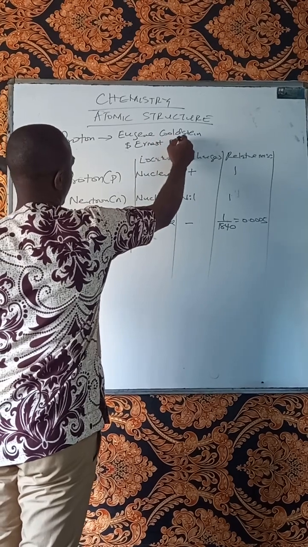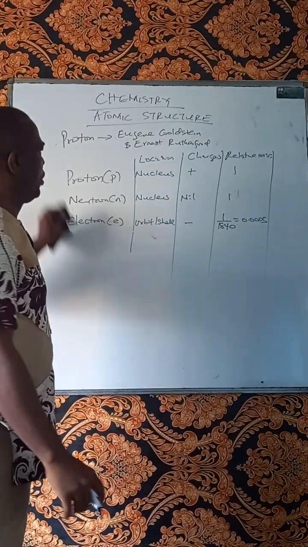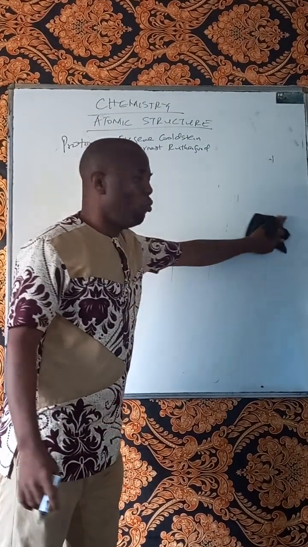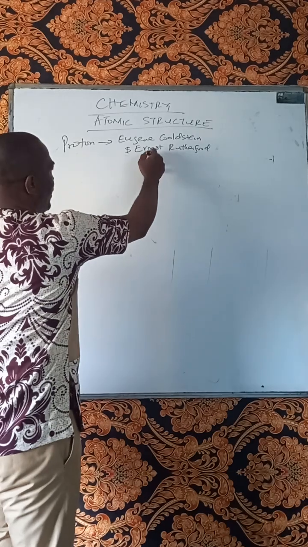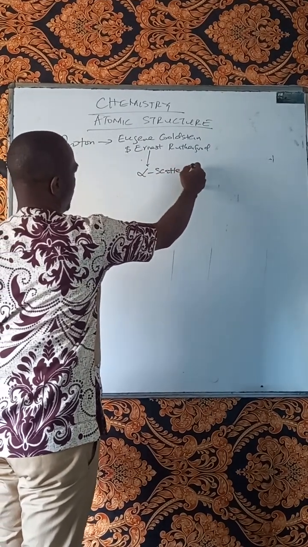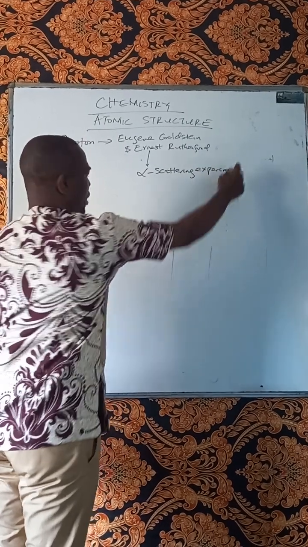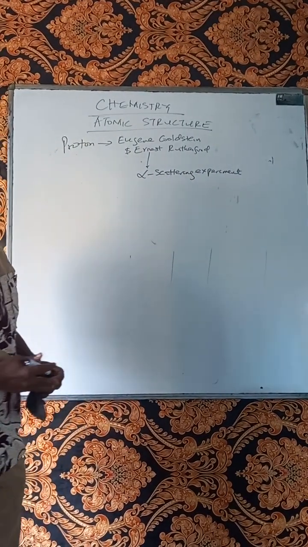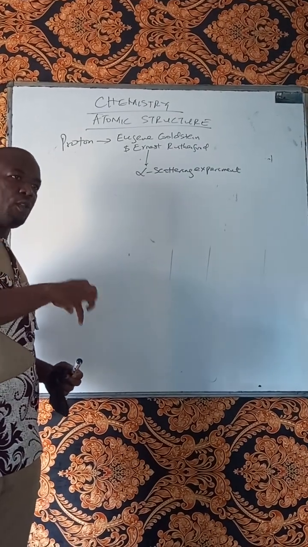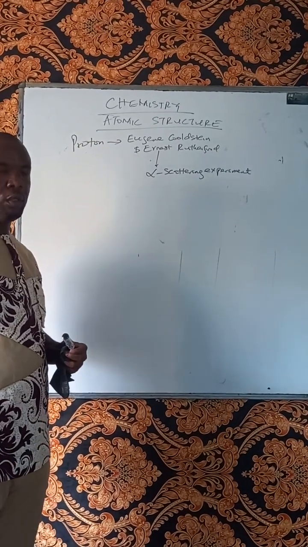So these gentlemen independently discovered the proton. Rutherford worked using what we call the alpha scattering experiment. By means of this experiment, Rutherford was able to prove that the atom consists of tiny positive particles at the nucleus. Now, these particles are what we call the proton.